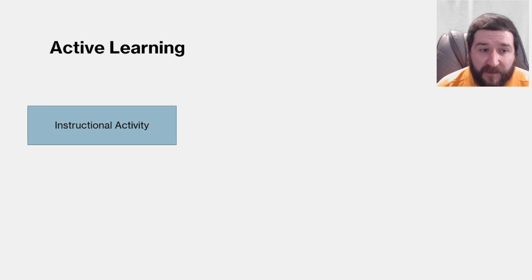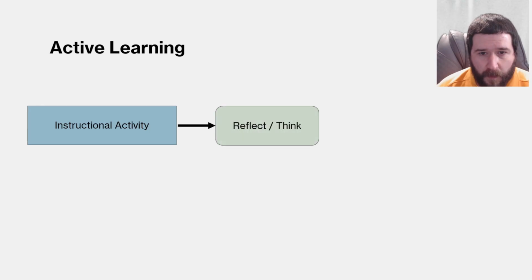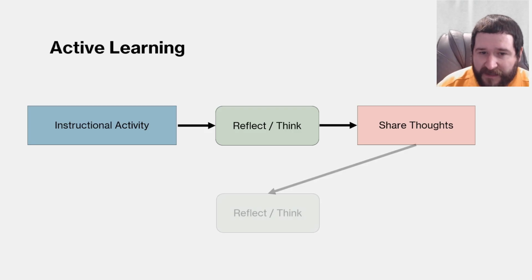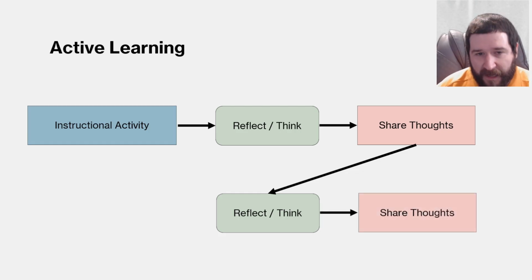So now if we take a look at what this active learning might look like, we're going to have some kind of instructional activity that the students can participate in. The students are going to reflect and think about the activity. They're going to share their thoughts, either written down, or share them with others. And then that loop kind of continues, right? We reflect and think over the thoughts others share, and then maybe we share again.